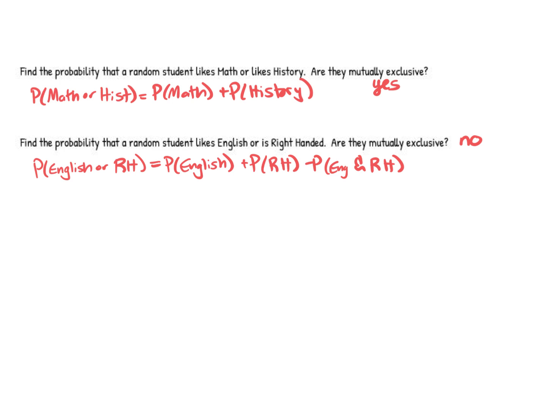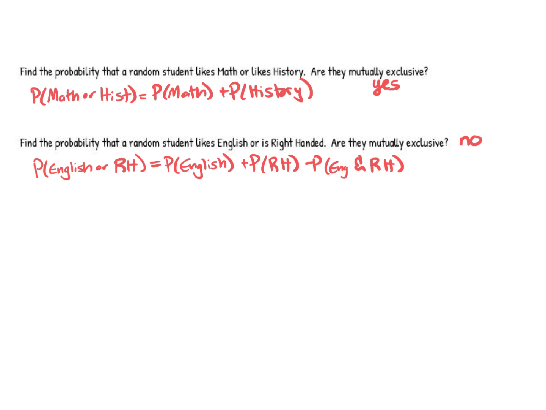So we're going to use those numbers to put into our addition rule. Find the probability that a random student likes math or likes history. Are these events mutually exclusive? Yes, because you had to pick one. So you can't like math and history at the same time for this survey.